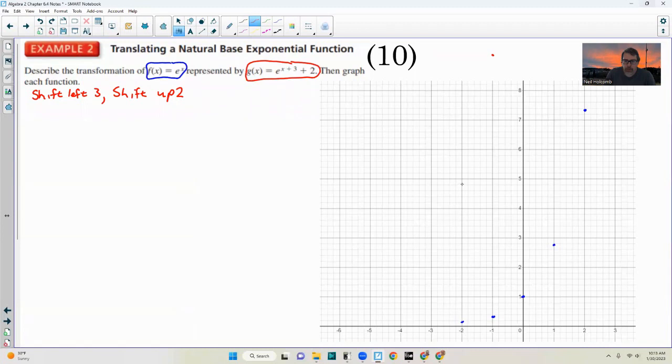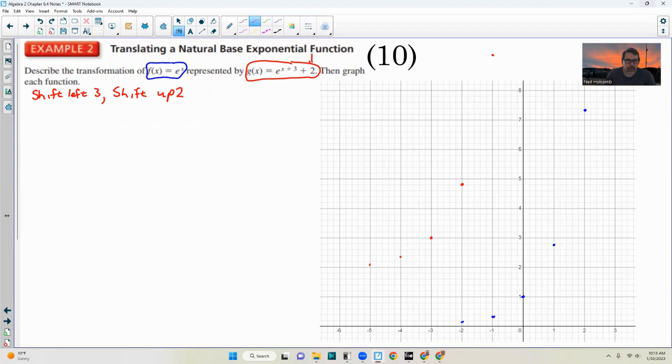Up 1, 2 should be right about here. 1, 2, 3. 1, 2 is right here. And then 1, 2, 3. 1, 2. So this is going to have an asymptote at y equals 2.